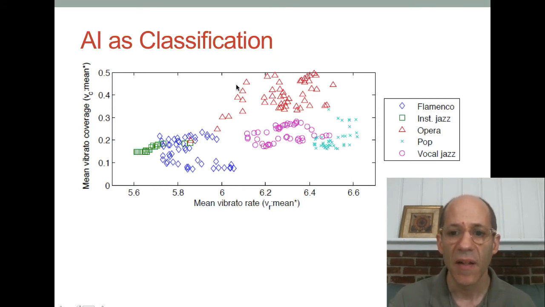And so look, the opera are pretty well separate in this two-dimensional space from these other items. Except, notice, this red triangle shows that this one opera, in fact, looks a lot like flamenco. And so, if you were to try and distinguish between opera and flamenco using only these two pieces of data, you wouldn't do a good job.